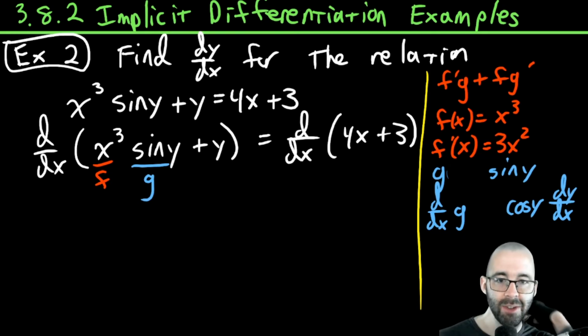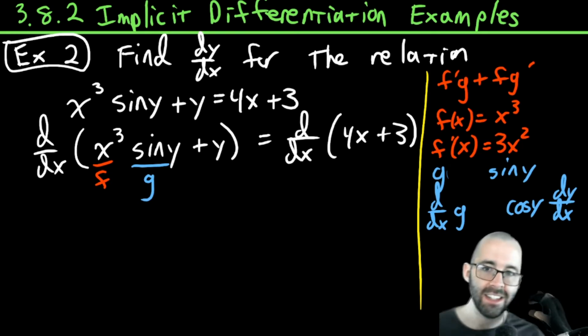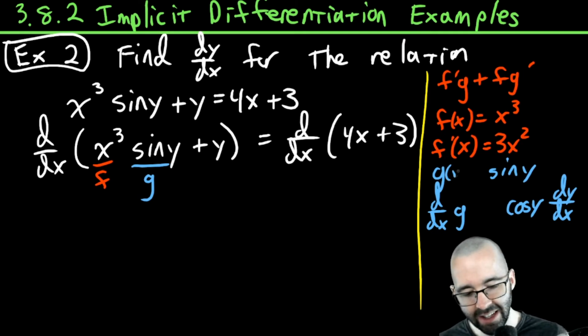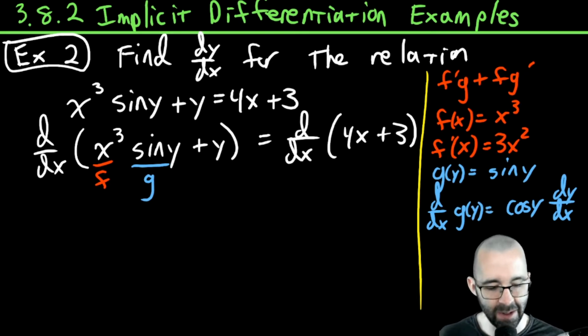All right, because we're taking the derivative of g, which is a function of y. We should write it like this, g of y, if we want to be really precise. The derivative of g with respect to x is going to be this.